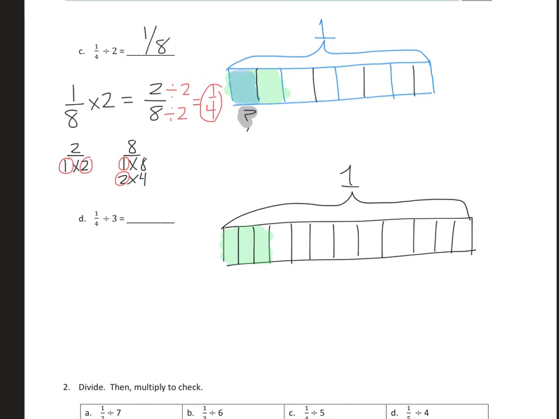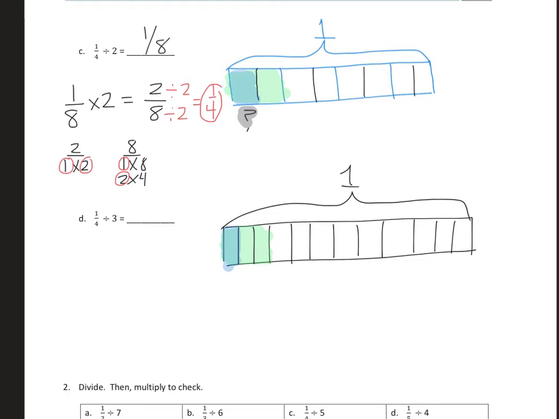Now how many total pieces do we have all together? Well, if you count, this had 3, this had 3, this had 3, and this had 3, so that means they have 12 pieces, 12 twelfths equal a whole. So what is now the fraction for one of these little pieces, the first one?